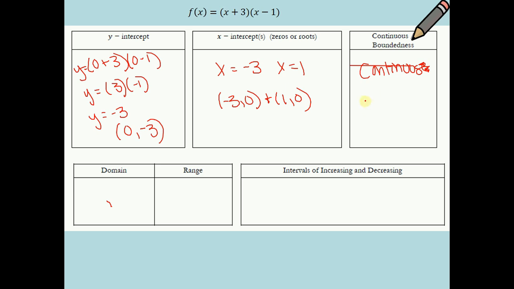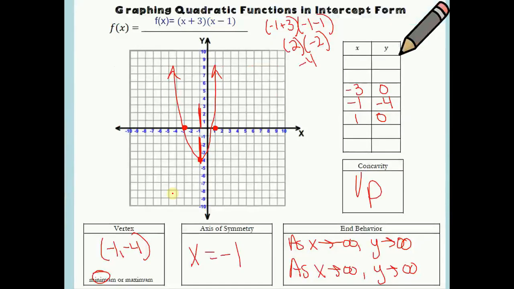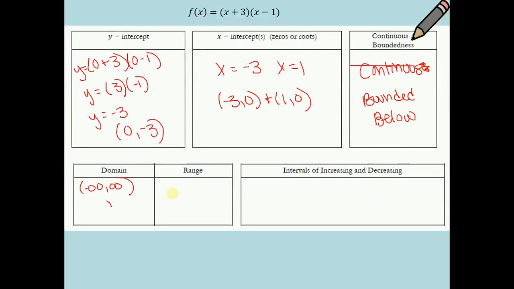Boundedness, we are bounded below on this graph. Domain, just like every single one of these, it's been negative infinity to infinity. Our range looks like it starts at negative 4, goes forever up.